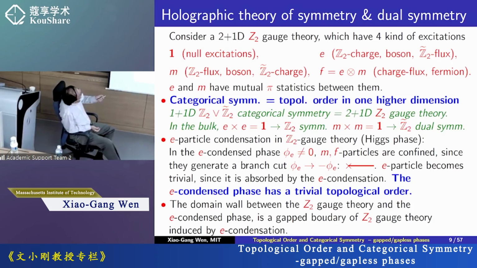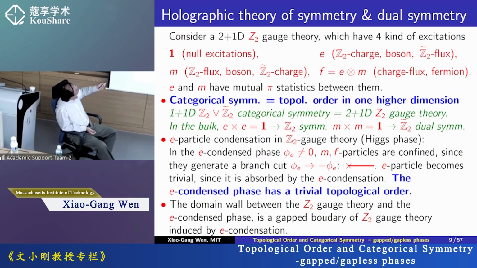When you have Z2 gauge theory in the bulk, which is a 2+1 dimensional bulk, we have the trivial excitation, that's nothing. We have the little charge we call E, and the little flux we call M. Both are bosons. We also have the charge-flux bound state, which is a fermion.